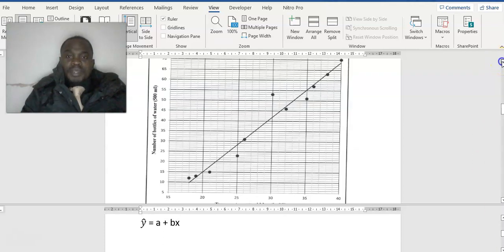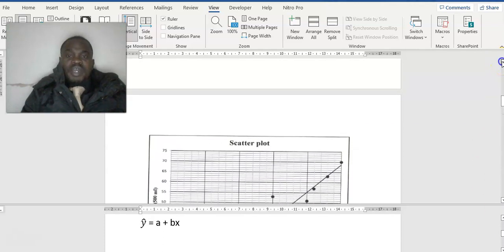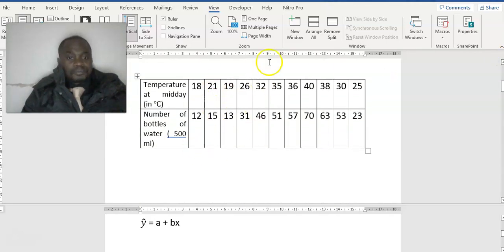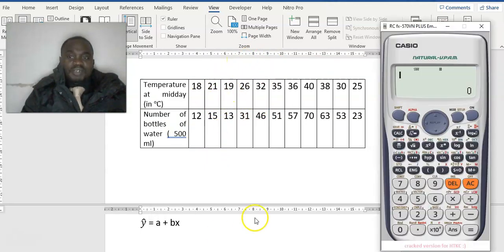To find A and B, we need the data given to us. This one. We are going to input it on the calculator. So the first thing you need to do is to clear your calculator. How do we clear your calculator? You press shift, clear, 3 equal, and AC.